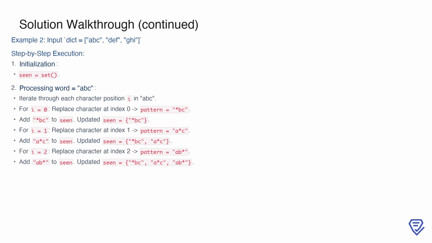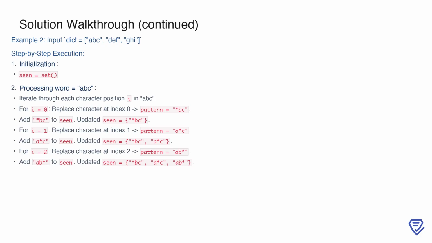Now, let's consider a new input dictionary, ABC, def, GSI. We begin by initializing the seen set as empty. The first word we process is ABC. For each character position in ABC, we replace the character at that position with an asterisk. At index 0, this results in the pattern *BC, which is added to the seen set.